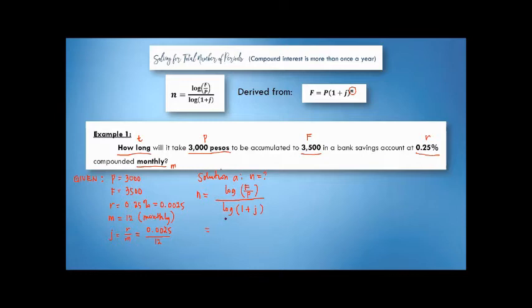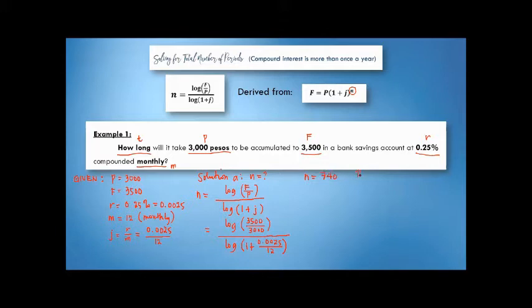Substitute natin, we have the logarithm of 3,500 divided by 3,000, all over the logarithm of 1 plus 0.0025 divided by 12. So if we're going to input this on the calculator, the value of our n is 740.